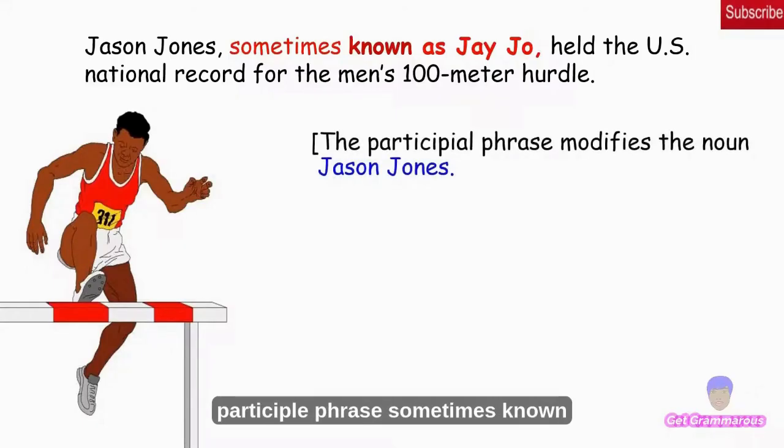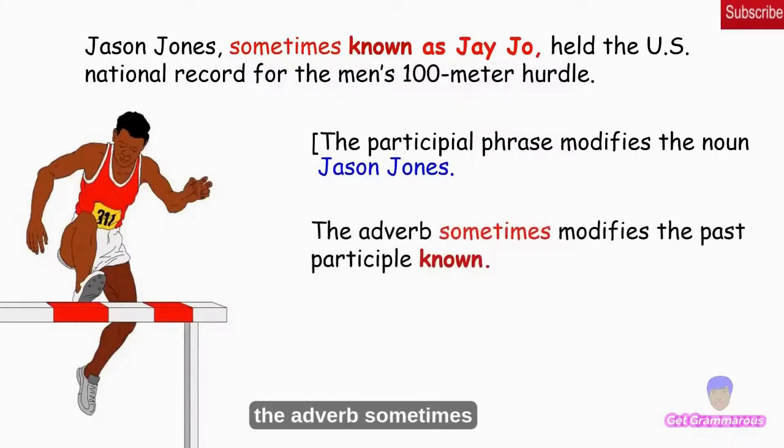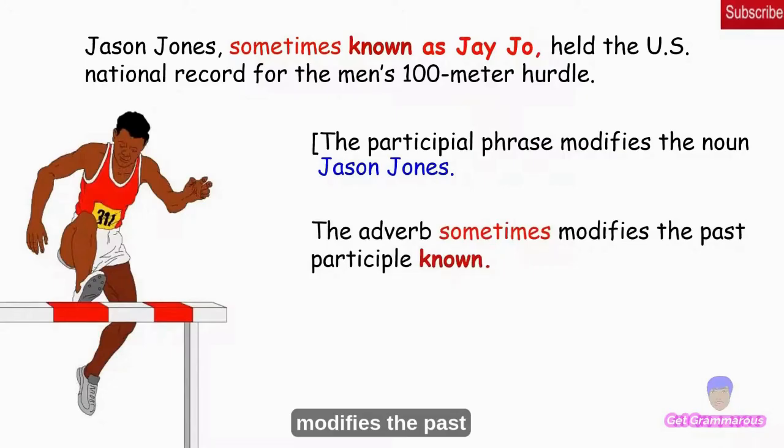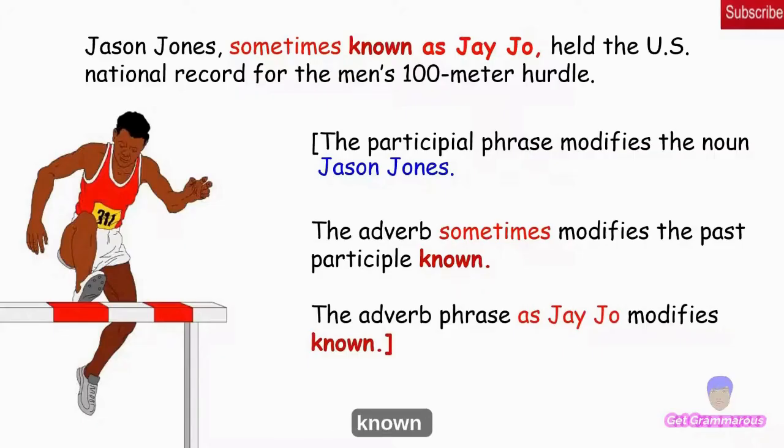The participial phrase, sometimes known as J-Jo, modifies the noun Jason Jones. The adverb sometimes modifies the past participle known. Also, the adverb phrase as J-Jo modifies known.